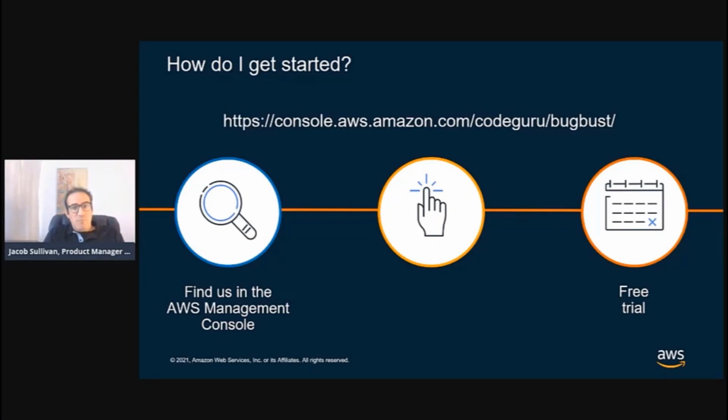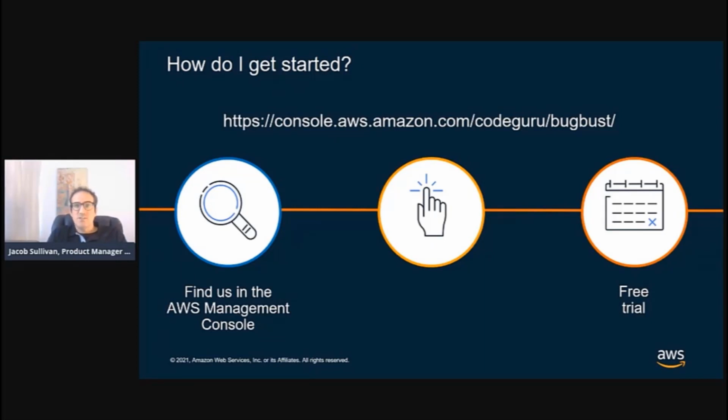Well, again, you can find BugBust in the AWS console. You can create multiple BugBust events within the 30-day free trial period. All costs incurred by the underlying usage of CodeGuru Reviewer and CodeGuru Profiler are free for that 30 days. This period applies even if you've already used the free tiers for Reviewer and Profiler before.